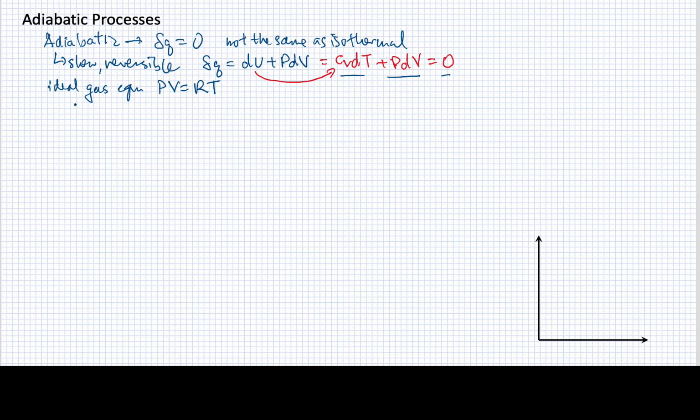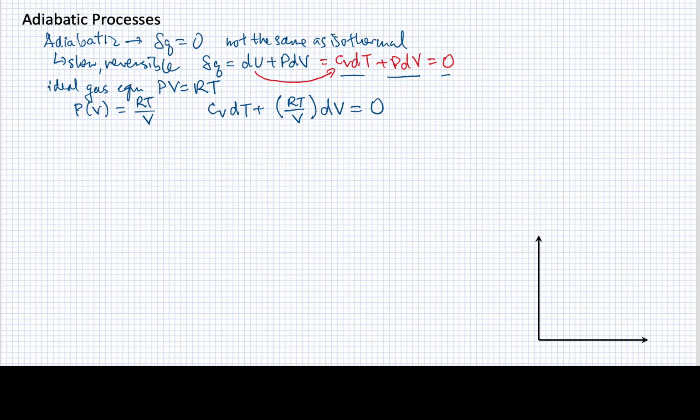And so we'll also have that the pressure as a function of volume can be written as RT over V. So now I'll put that into this equation, and what we'll end up having is CV times the differential in temperature plus RT over V times the differential in volume, and that's equal to 0.